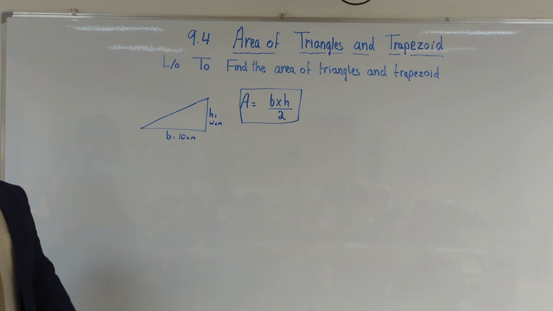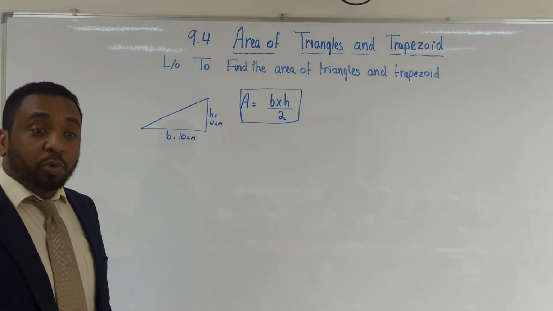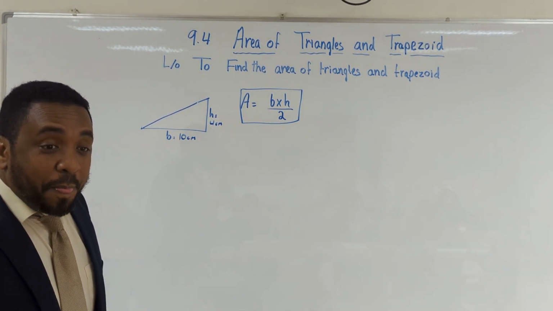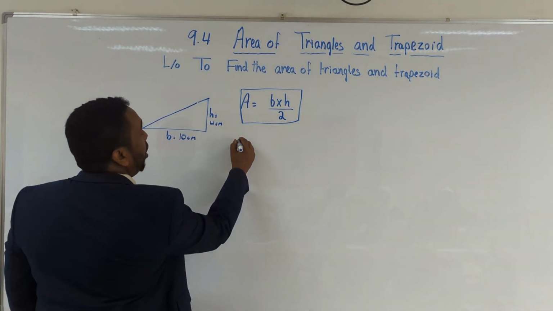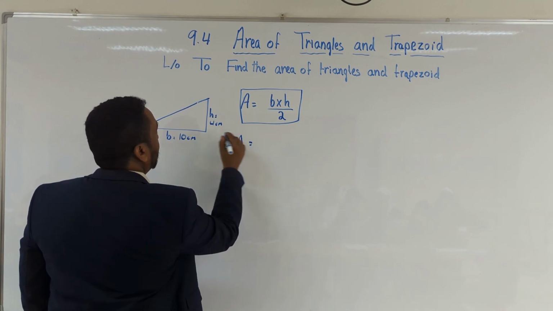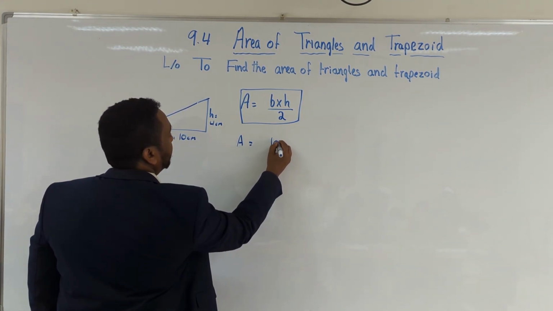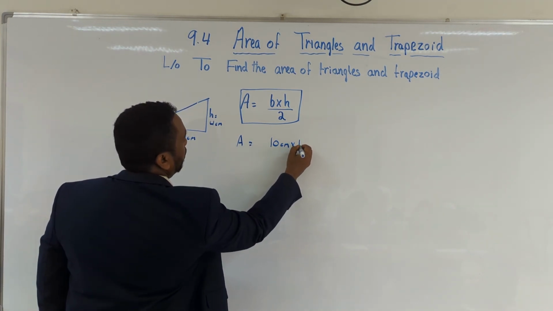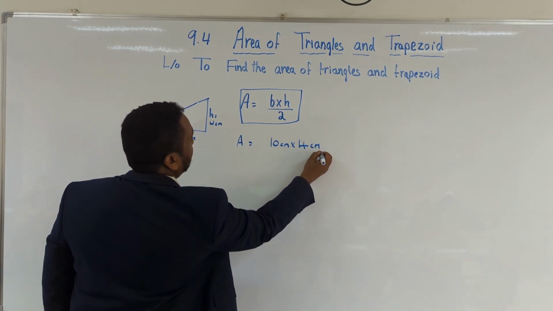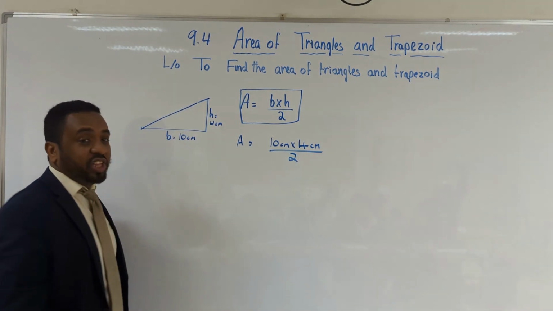Let's find out. This will be our first example. Base times height. So our area will be equal to 10 centimeters times 4 centimeters divided by 2.